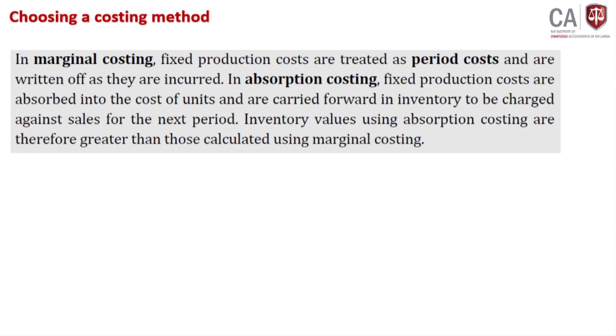Marginal costing differs from absorption costing because of the treatment of fixed production cost. In marginal costing, it is a periodic cost. In absorption costing, you absorb that into the unit of output. This has impact on your profit.